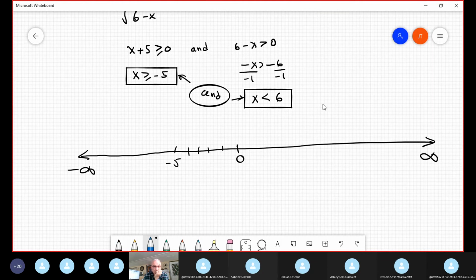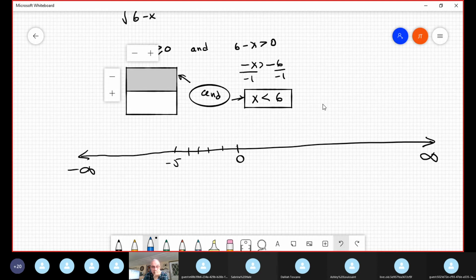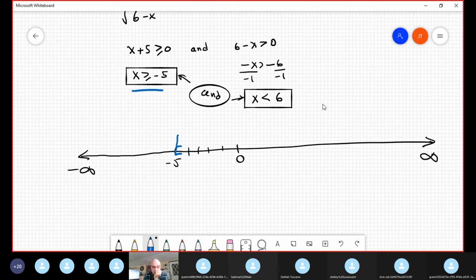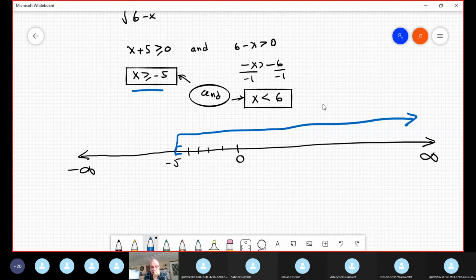Now this piece, x greater than or equal to negative 5, is to the right, including negative 5, and I do it that way because this is not the final answer, this is a partial answer. So I do not highlight directly on the line because this is one piece of my solution. The second piece, using green color, is from 6.